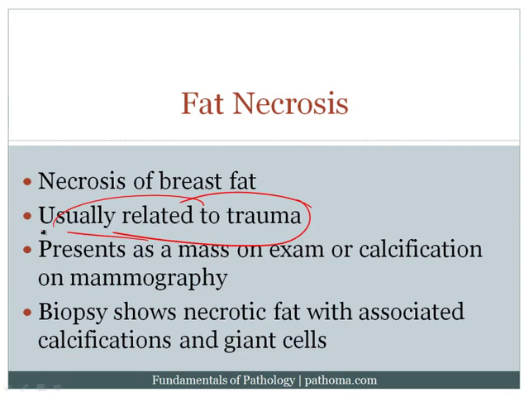For example, a woman plays softball and gets hit with a softball in the chest. She wouldn't necessarily call that trauma, but that might be sufficient trauma to actually result in fat necrosis. And so when I say trauma, it doesn't need to be a major form of trauma. It could be anything that could damage the fat of the breast parenchyma. And so that closes off our section on inflammatory disorders.